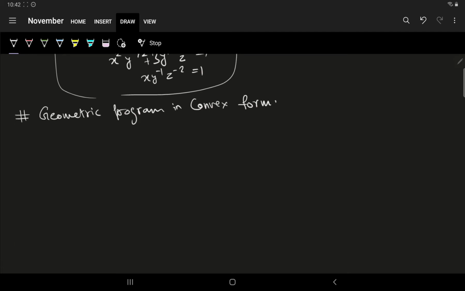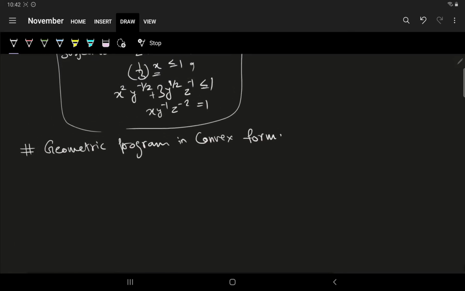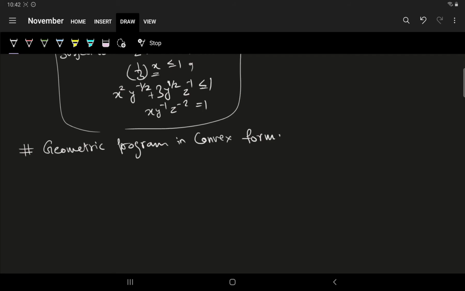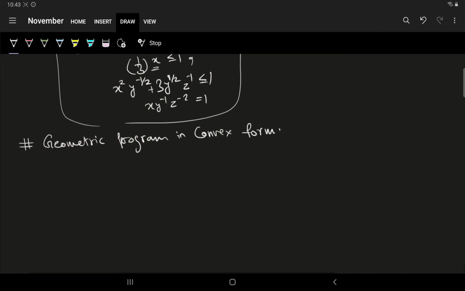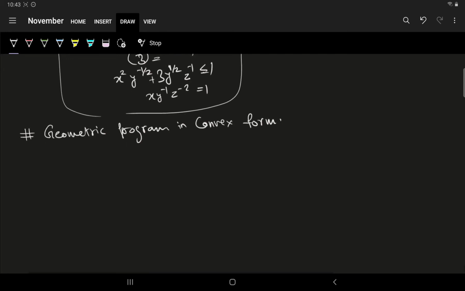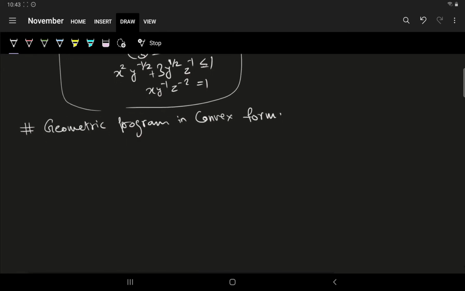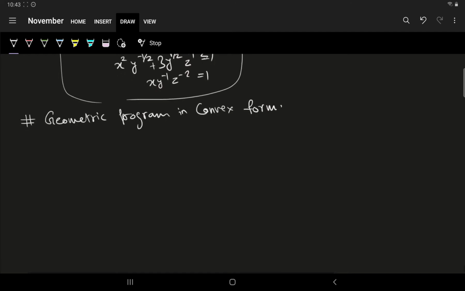So note that in general the geometric programs are not convex optimization programs, so we have to transform them by some change of variables of the objective and the constraint functions into a convex program.